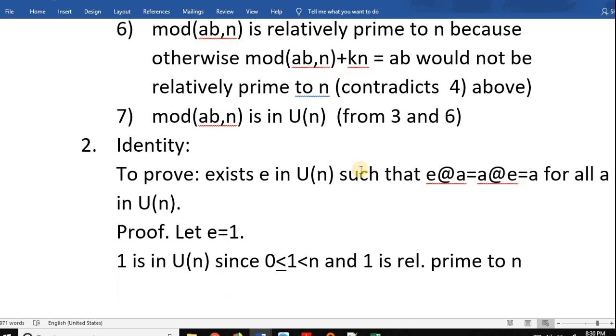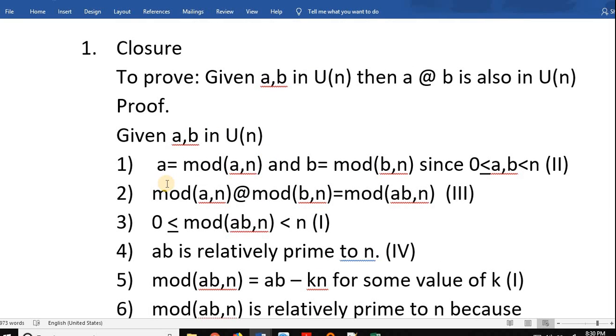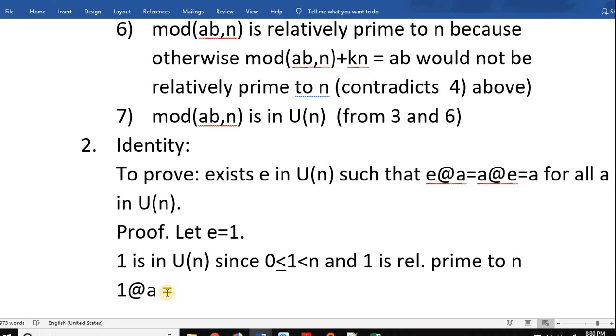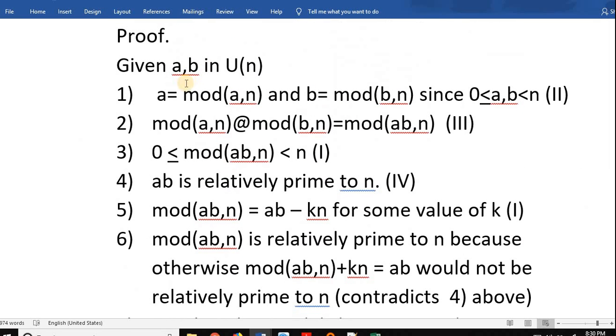So let's go ahead and do 1 at A. Well, what is 1 at A? Well, go up here. I know that 1 is equal to mod 1n. I'm going to do the same thing I did before because I want to apply this same statement here.